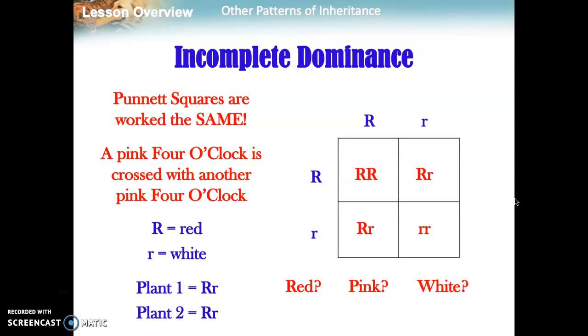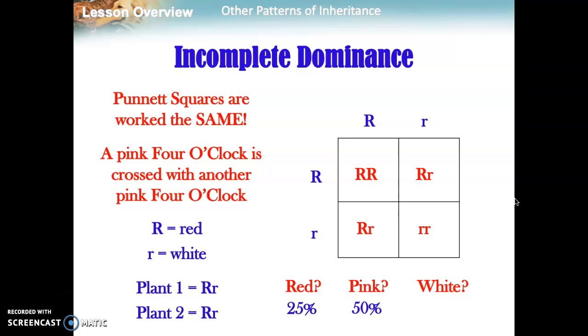If we look in there, we see only one that has two big R's. Again, that is the only way to get the dominant trait. So there's a 25% chance. How do we get pink? Pink is the result of a heterozygous genotype. We look in the square. There are two. So that's 50%. How do we get white? White is recessive.